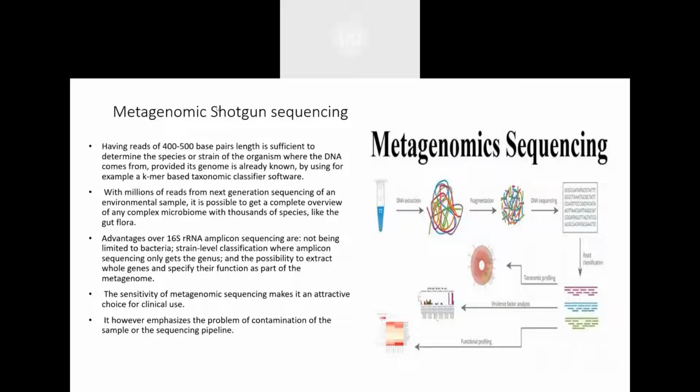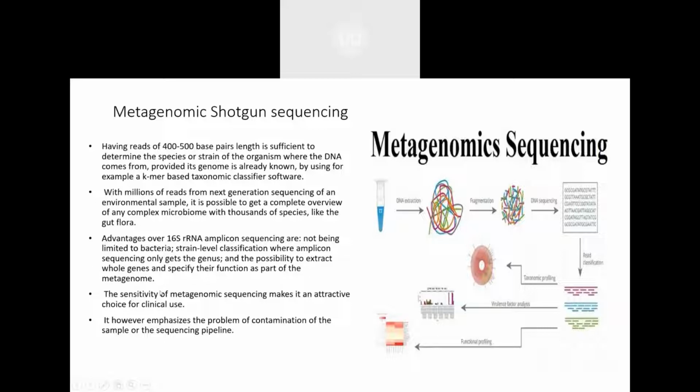Not being limited to bacteria, strain level classification, where amplicon sequencing only gets the genus, and the possibility to extract whole genes and specify their function as part of the metagenome.